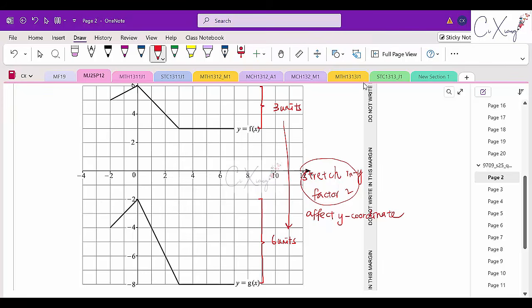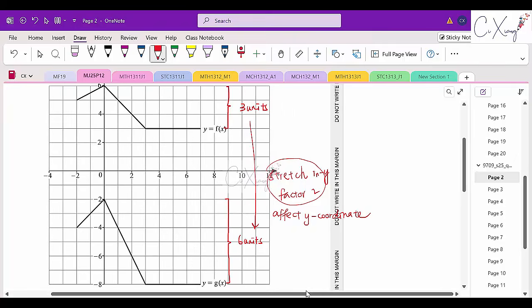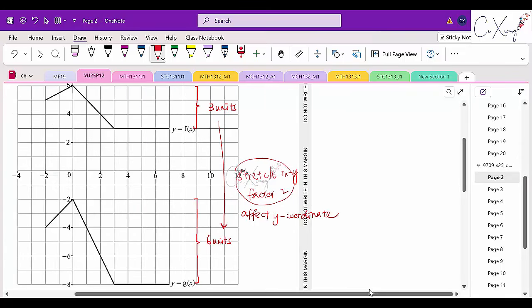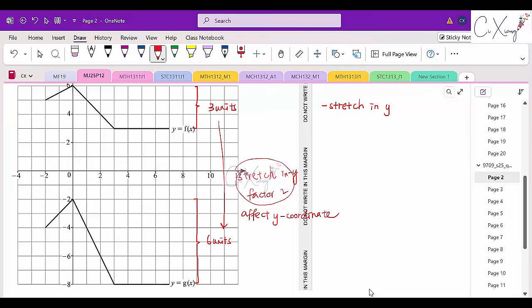So what will I write out is like this. I will write it in this way, maybe I can put it on this side. The very first transformation is that we are having the stretch in the y direction, or parallel to the y-axis, with a stretch factor 2.